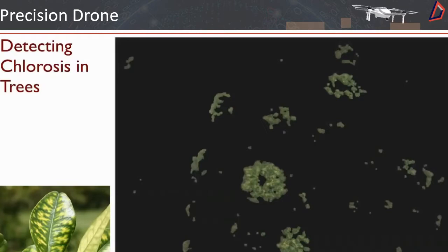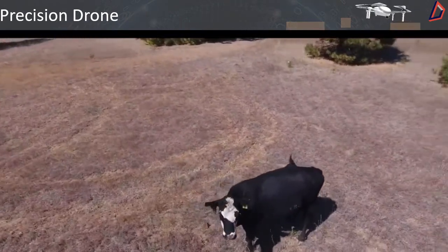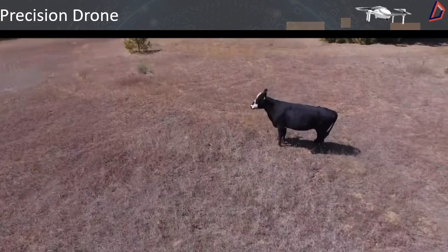Next, detecting chlorosis in a tree is one of the common things which can be resolved with the help of different medicines, different pesticides, etc. So this machine is capable enough to pass the exact information to the farmer, and the farmer will take action accordingly, which is very helpful to protect your seeds and your plants, and take the action which will be most beneficial in terms of protection.